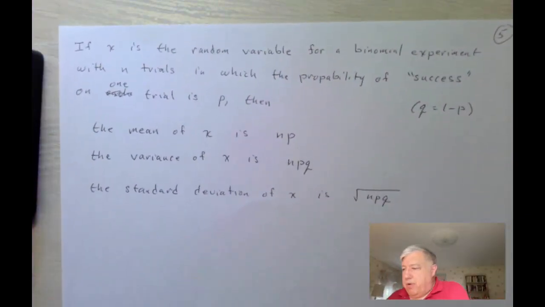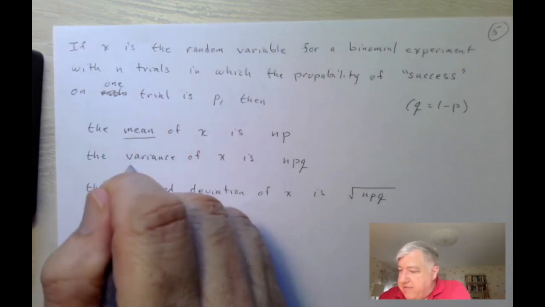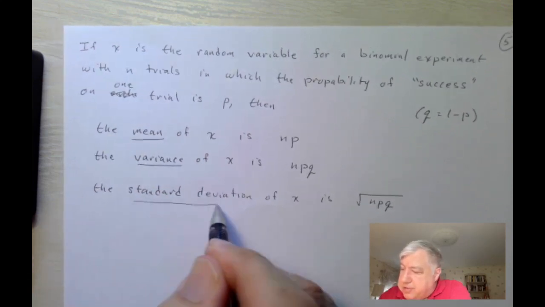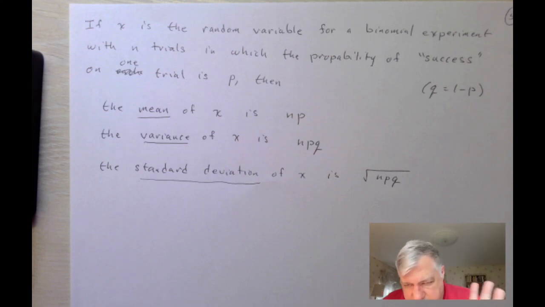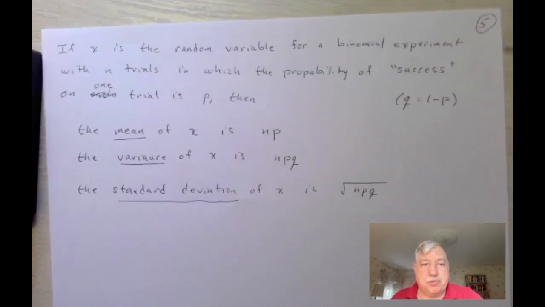We talked about the mean and the variance and standard deviation of a random variable, or at least of a discrete random variable. And we had this kind of complicated formula. But the good news is that it gets very simple when we have a binomial distribution.